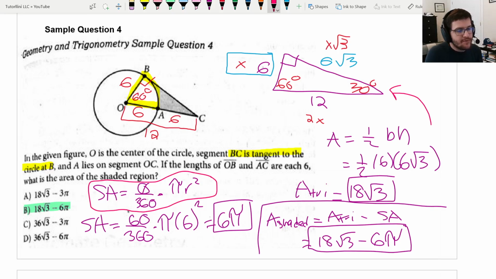That's probably the two really important things here, even though there's some other stuff like knowing that a tangent line crosses the point of tangency at a right angle, and knowing that a radius is the same everywhere on the circle. Those are smaller concepts they're testing you on, but the big thing is how to do a special right triangle and how to calculate area of a triangle and sector area.